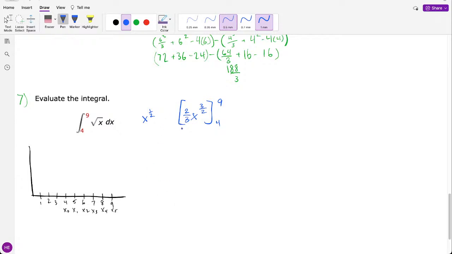That way we have to do two-thirds times 9 to the 3/2 power minus two-thirds times 4 to the 3/2 power. I'm just gonna put that in the calculator. I don't want to mess with it anymore.